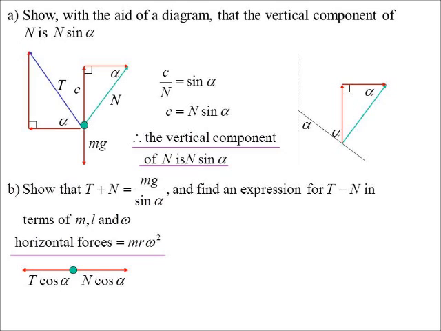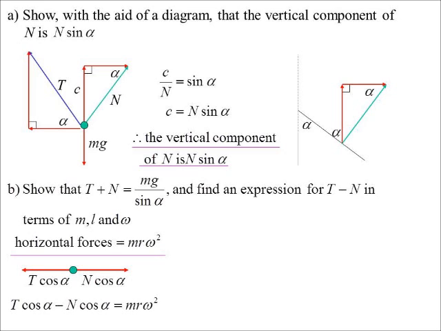Horizontally, component of tension. This time it's going to be cos alpha, because alpha's down here, and horizontal is now adjacent to the angle. So it'll be T cos alpha. And horizontally, again, it's adjacent to the alpha. So I'll have n cos alpha going to the right-hand side. So T cos alpha minus n cos alpha is equal to mr omega squared.